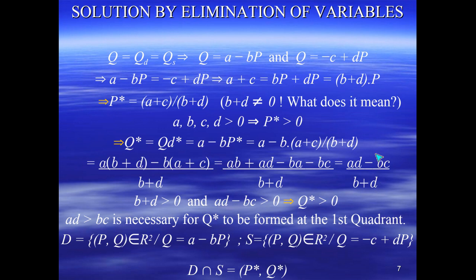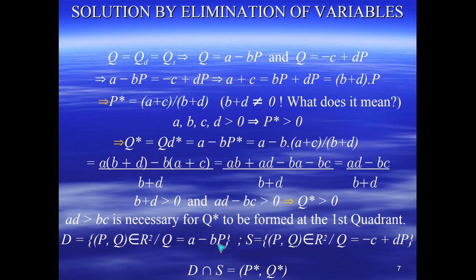So negative divided by negative would be positive again as well. And this is possible also, and this is acceptable. AD greater than BC is necessary for Q star to be formed at the first quadrant. That's true. If B plus D is positive, then AD minus BC should be also positive, which means AD should be greater than BC.